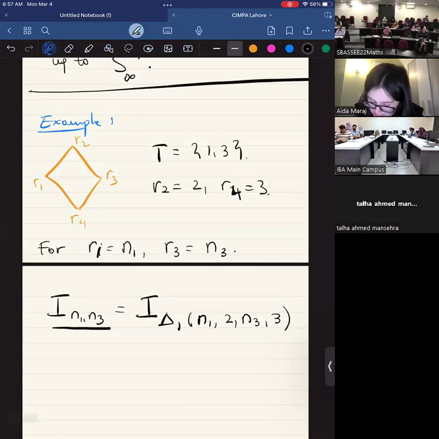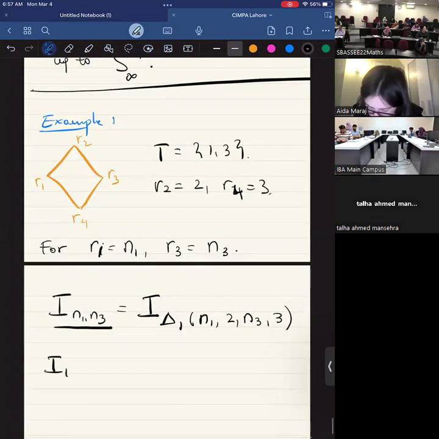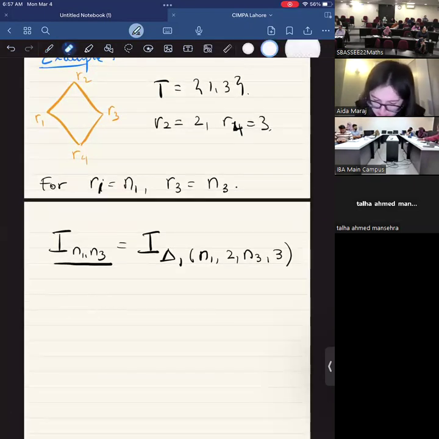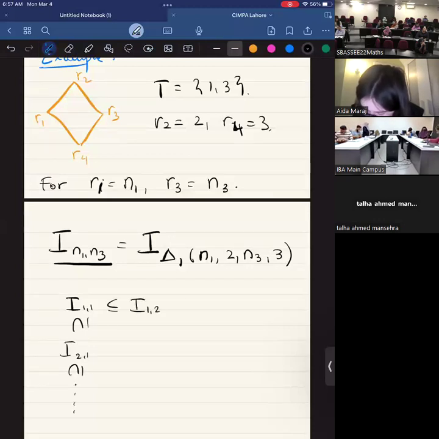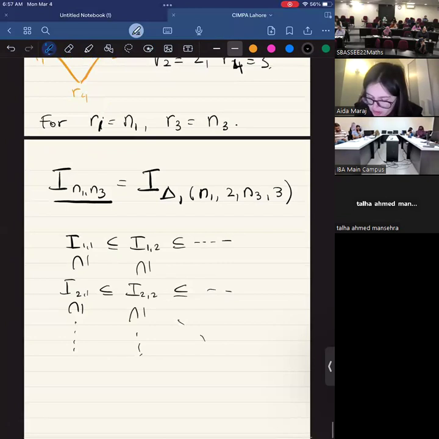What I'm saying is that I of (1,1) is included in I of (2,1), and I of (1,2) is included in I of (2,2). So we have this chain.